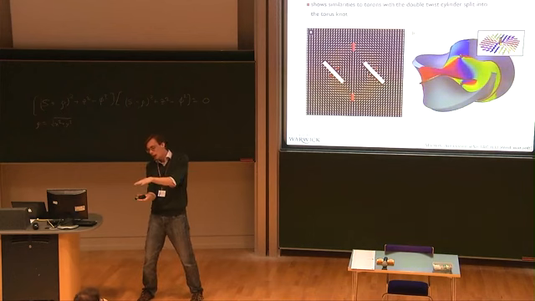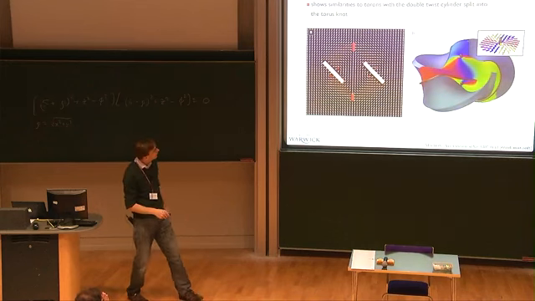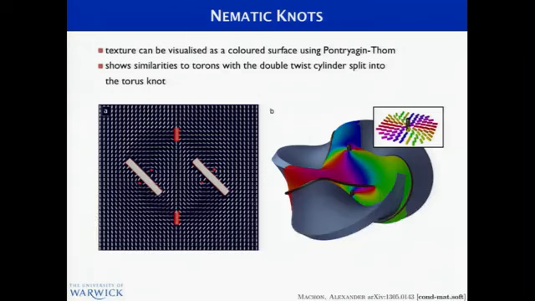You have a frustrated cholesteric cell where the thickness is comparable to the pitch, and you nucleate the texture locally, and it has, at least in its global properties away from the disclination line, much the same structure as the toron. In fact, you can think of this disclination loop, this trefoil knot, as being the center line of the double twist cylinder, which is like an escaped strength 1 defect.